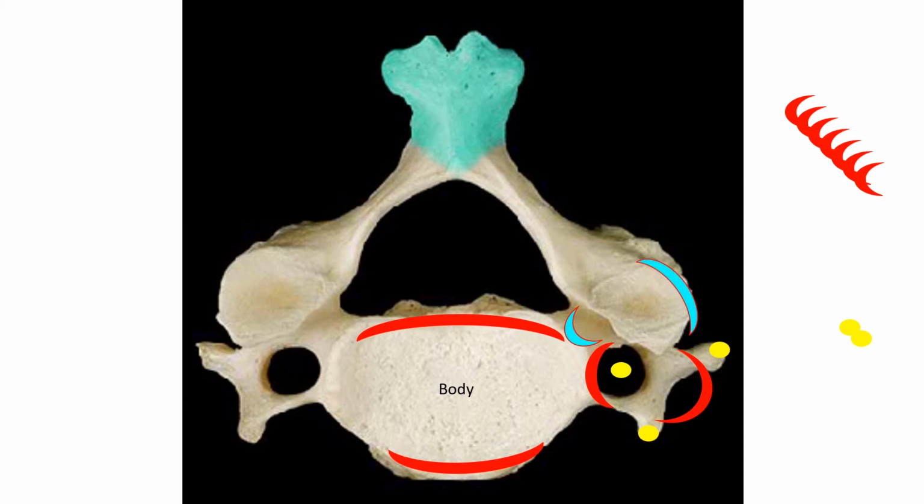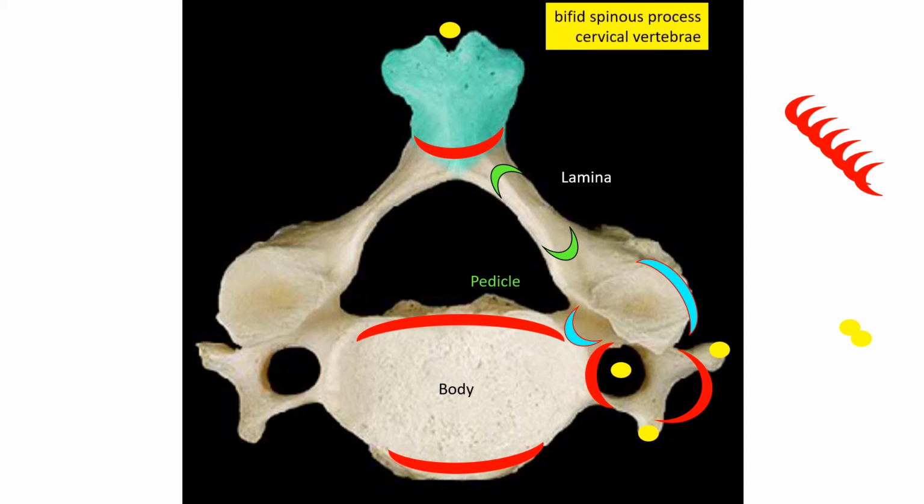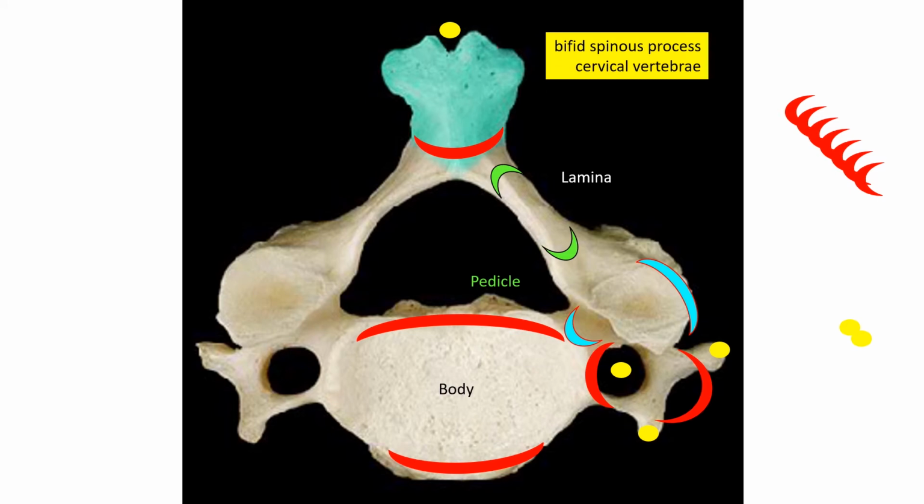and then coming out of the body is part of the vertebra called the pedicle. There's a pedicle on the right and a pedicle on the left, and this pedicle is going to give rise to this process, which is called the lamina, and then a lamina with a lamina of the other side, they give rise to the spinous process of the cervical vertebra, and you can see that there is a depression in the middle of this spinous process, and it is called the bifid spinous process of cervical vertebra.